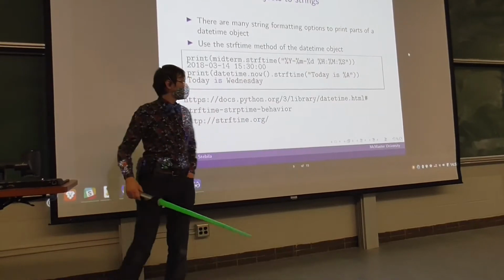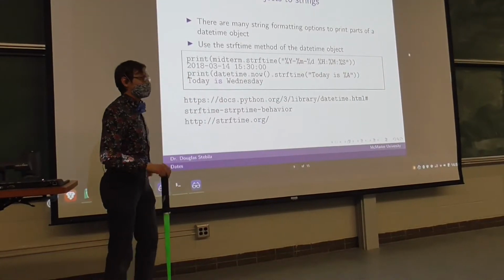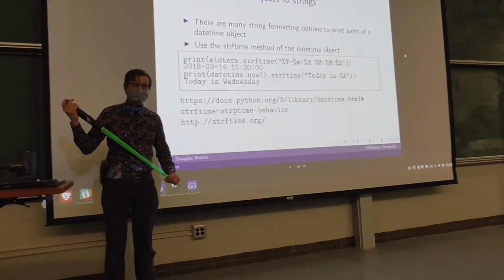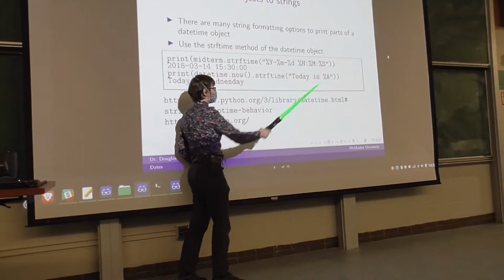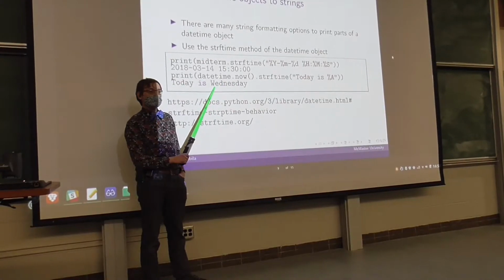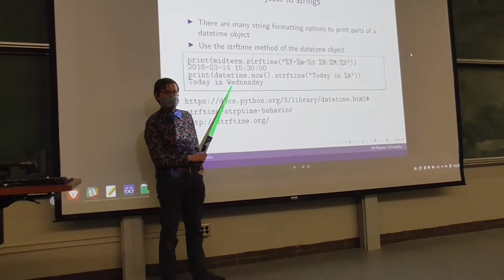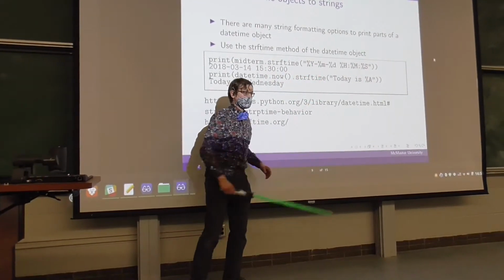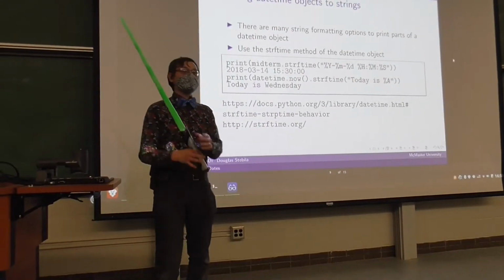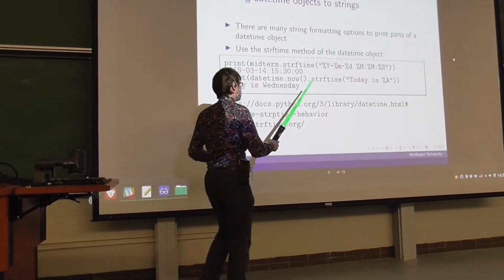Very good. So, in addition to just the numerical values, you can also have it tell you what day of the week it is in text, which is kind of cool. You can have month names instead of month numbers, or month abbreviations as well.